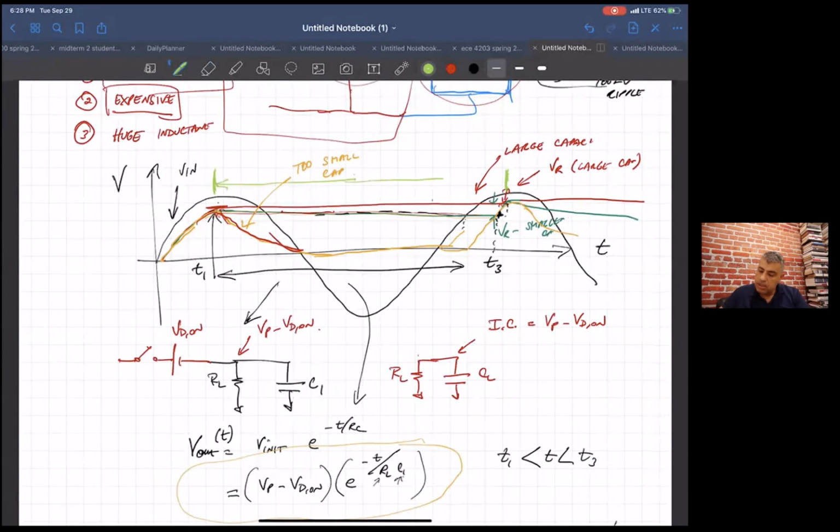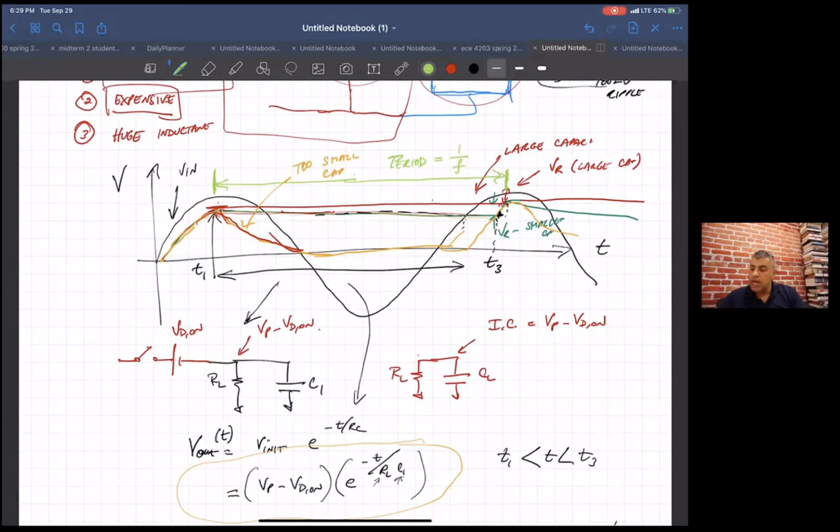Let's call that the period, which is 1 over the frequency.